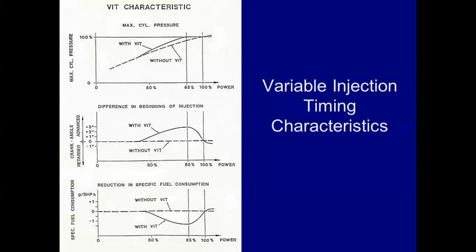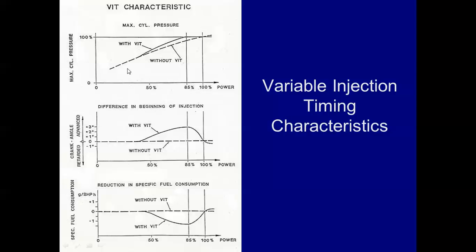So this chart, the main thing I just want to show you is this one at about 45%, and this is advanced, or before top dead center, up to 3 degrees. They're progressively bringing it up to about 3 degrees, and then going back to its normal setting up to 100%. What does that do?